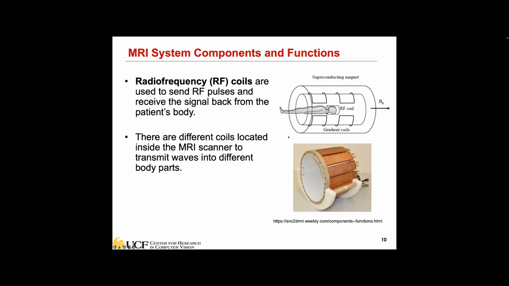There are different coils located in the MRI scanner to transmit waves into different body parts. Maybe there's one placed on the head, one on the leg, and one on the abdominal region. But if you just want to scan your brain, maybe all these RF coils will send the energies there.